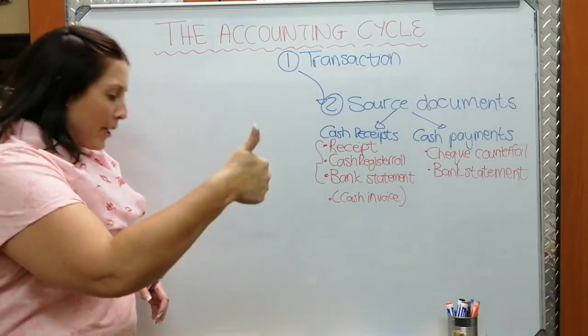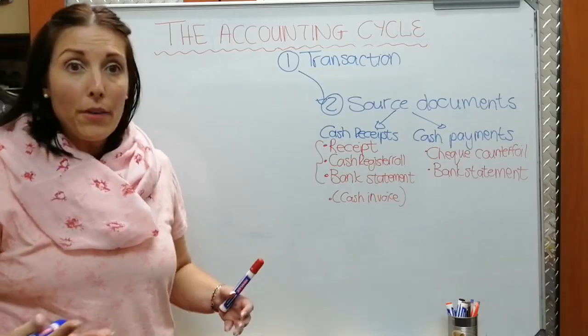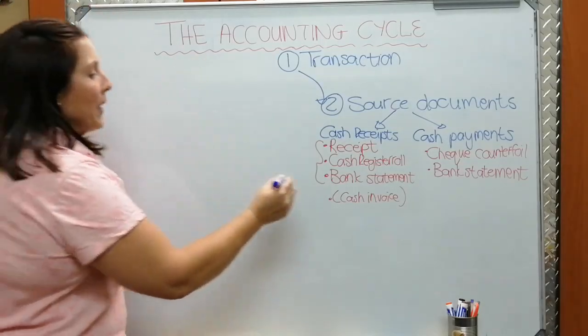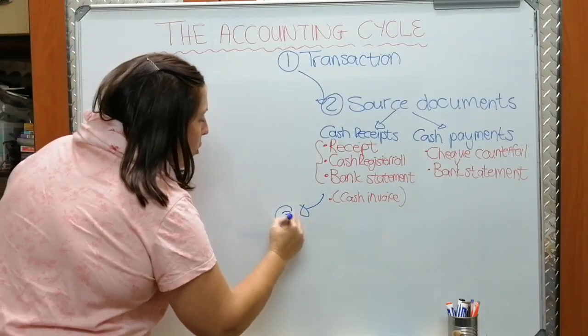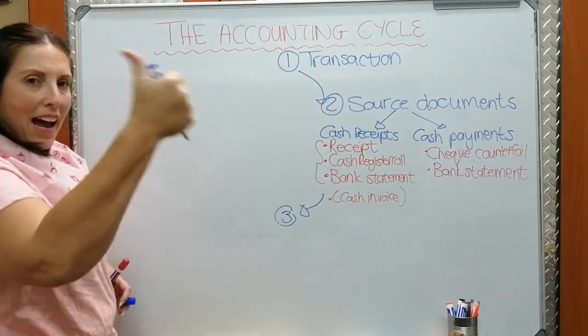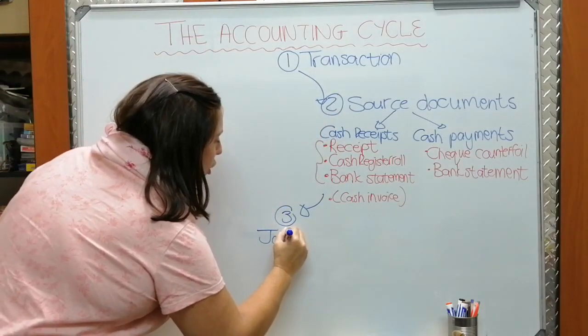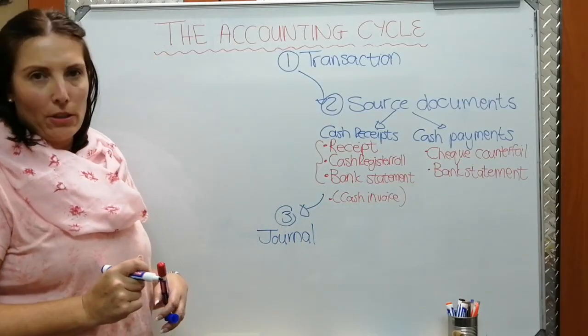Okay, so the transaction took place. We recorded that transaction on one of the source documents that's applicable for that transaction. What do we do next? From the source document, we record these transactions, either cash receipts or cash payments, in a journal. We also call this journal a book of first entry.